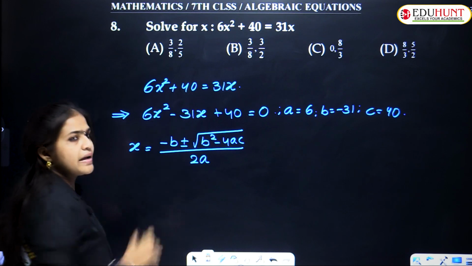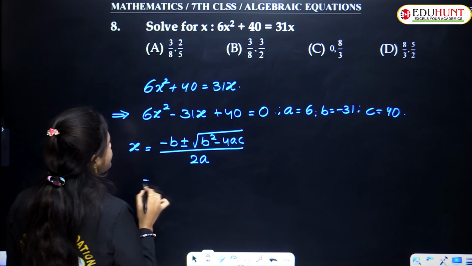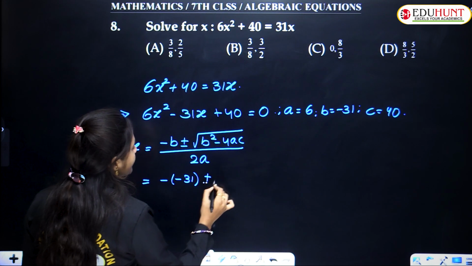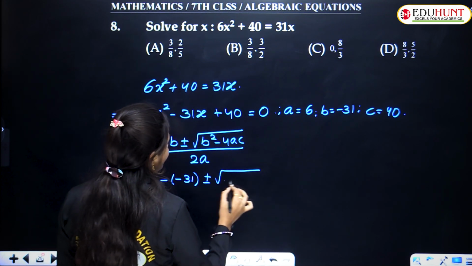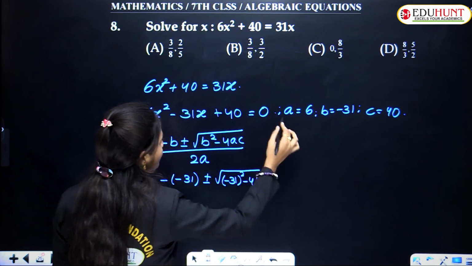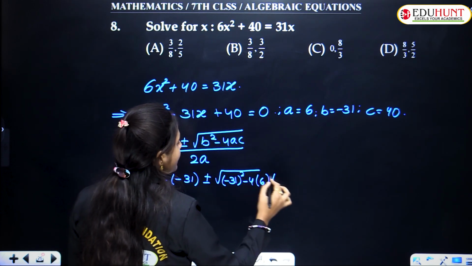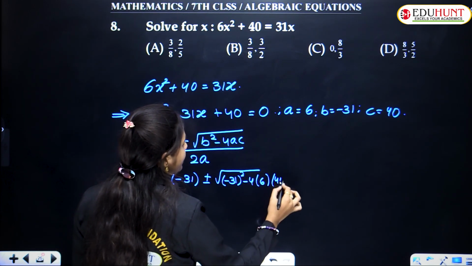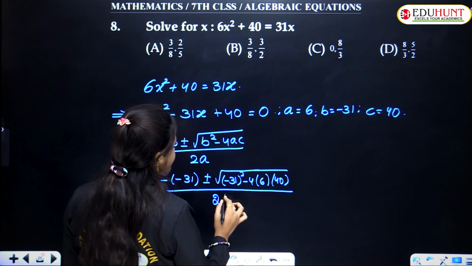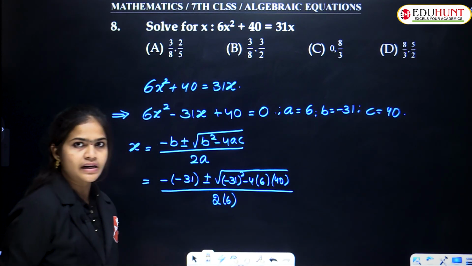Substitute those values. Minus b is equal to minus of minus 31, plus or minus square root of minus 31 whole square minus 4 into a is 6 and c is 40, whole by 2a. So 2 into 6. Understand?